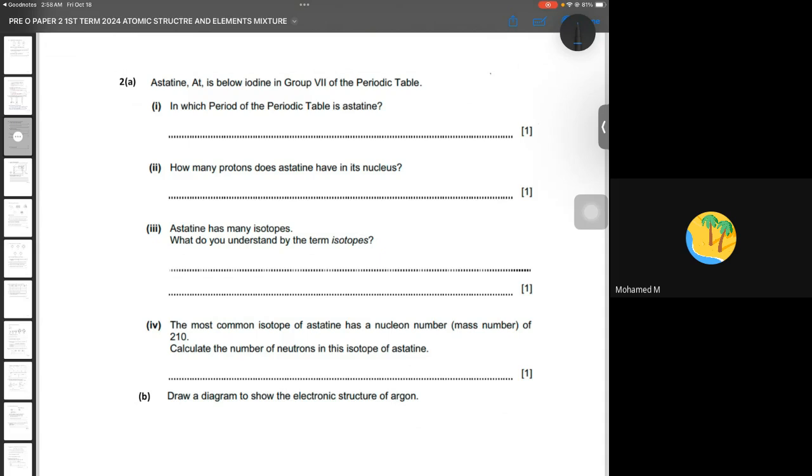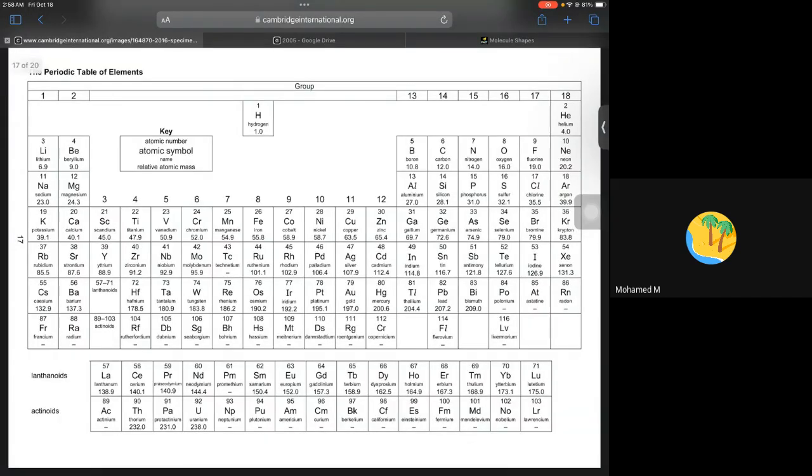Astatine would be. See the periodic table. I can't really find it.